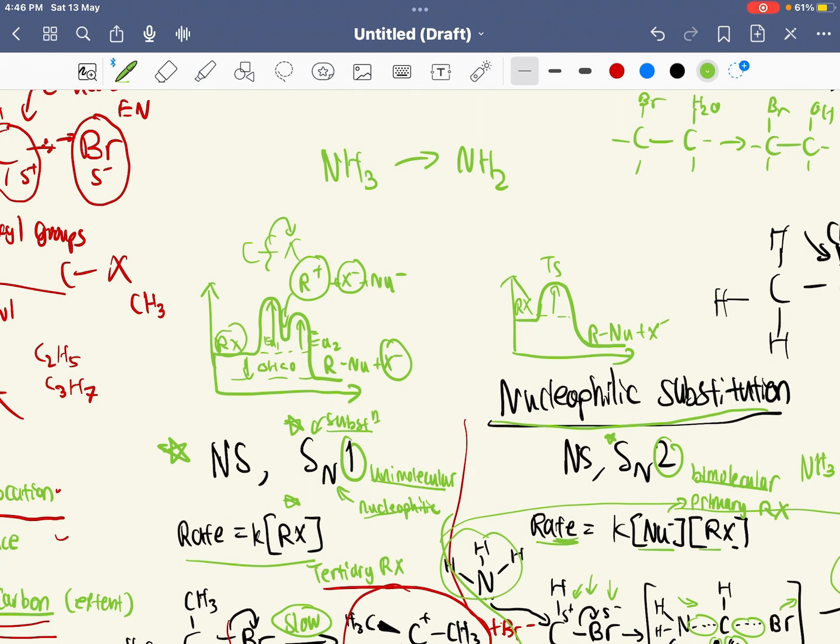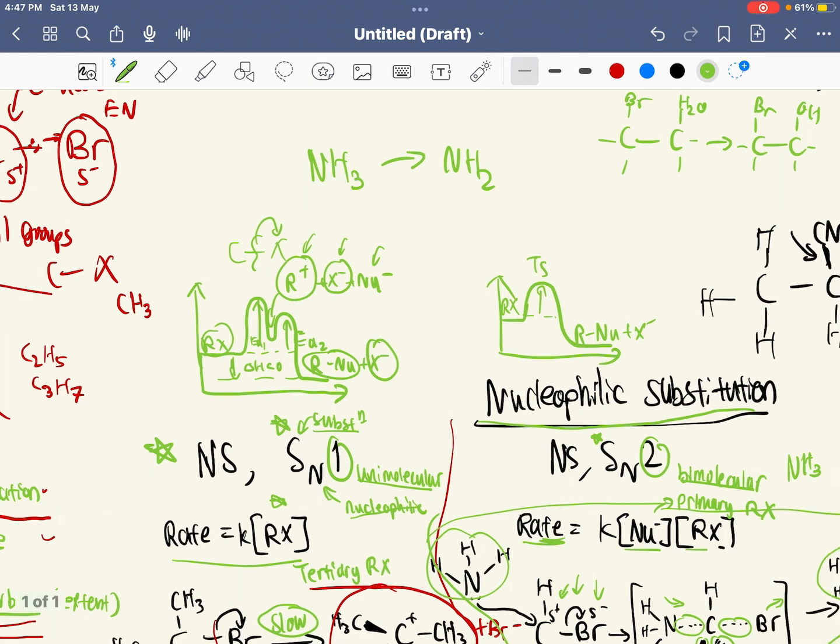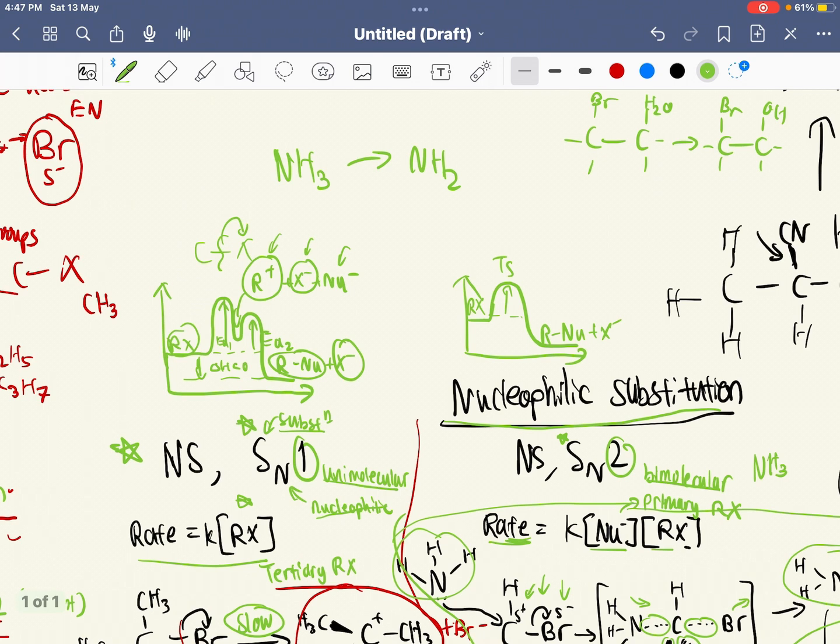So I have my bromide ion, for example. Then my nucleophile will come in and attack my electron deficient carbocation. Then I have my newly substituted compound, R-nucleophile, and my X minus.